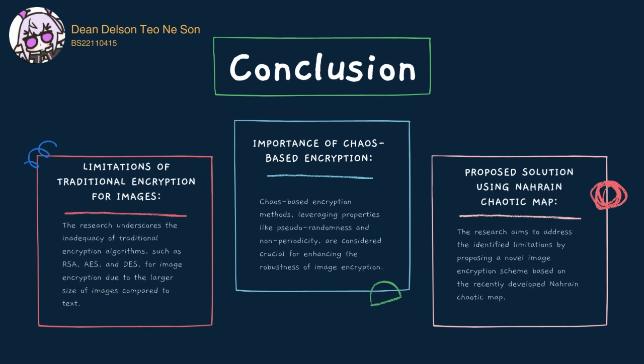The goal is to integrate advanced chaotic maps for generating encryption keys and strategically use them at different encryption stages to improve the overall security of image transmission. And thus, the research seeks to contribute to the development of secure image encryption by leveraging the unique properties of the Narin chaotic map. And that is all from me.